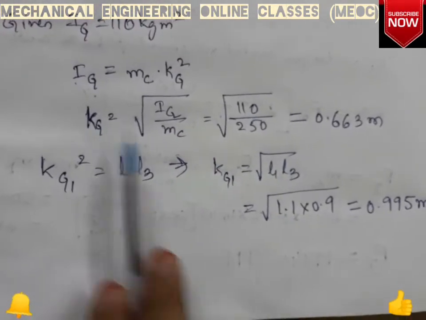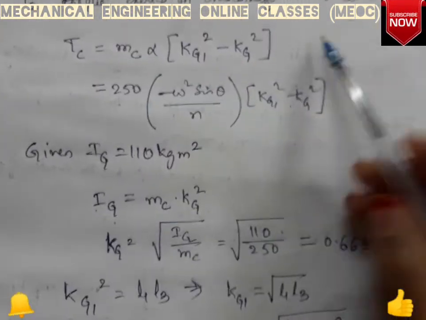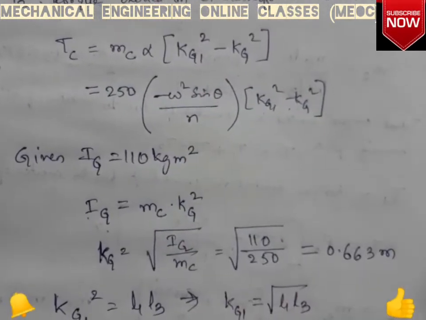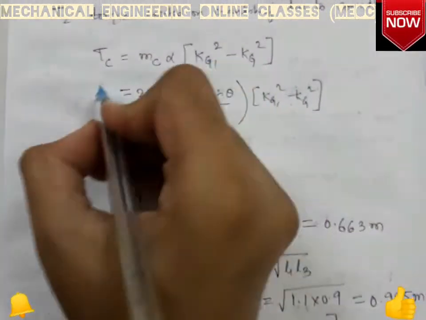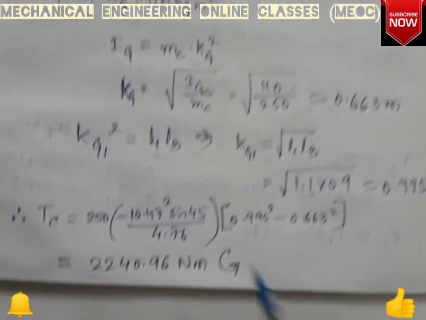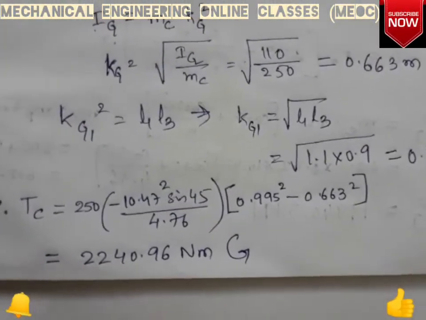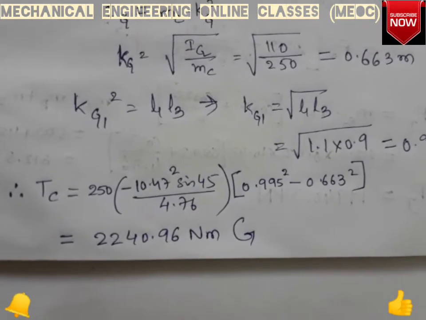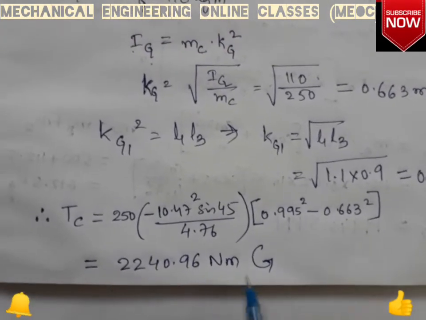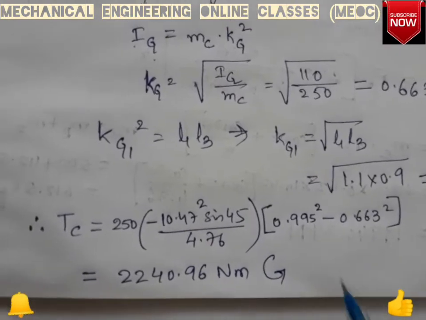So we have found kg and kg1, and we can substitute them to find TC. On substituting all the values, we got TC as 2240.96 Newton meter acting in counterclockwise. These directions were already discussed in the last video.